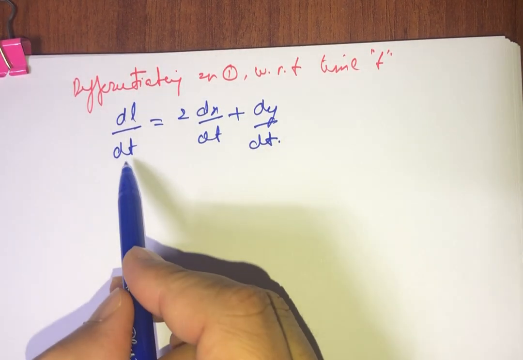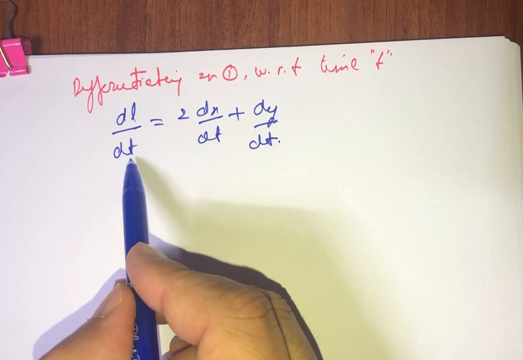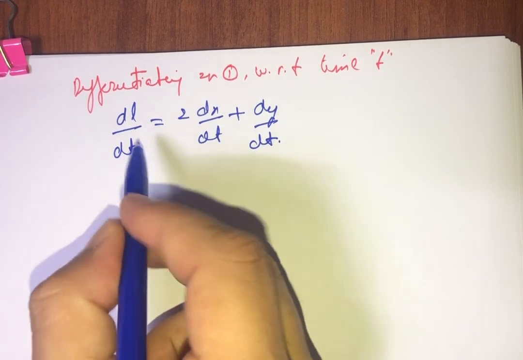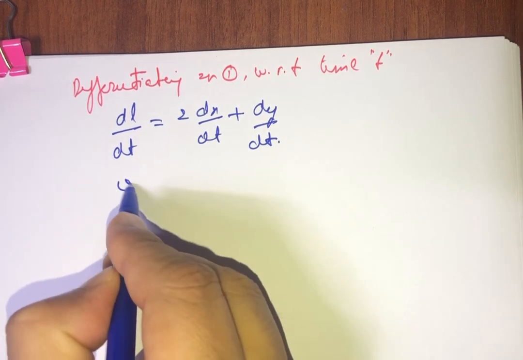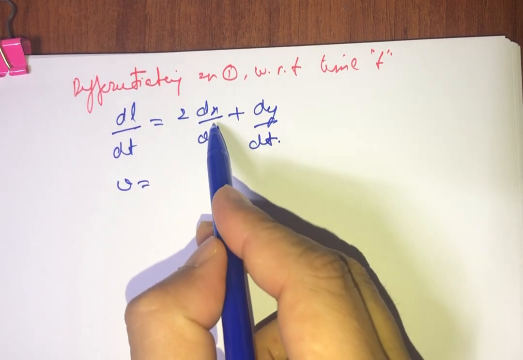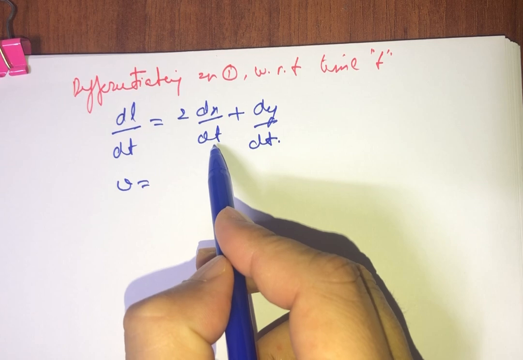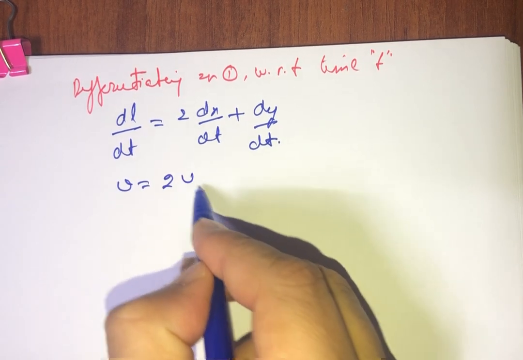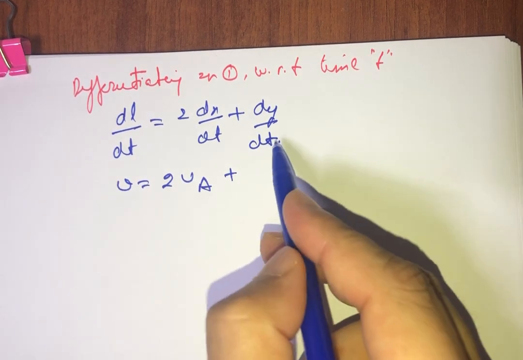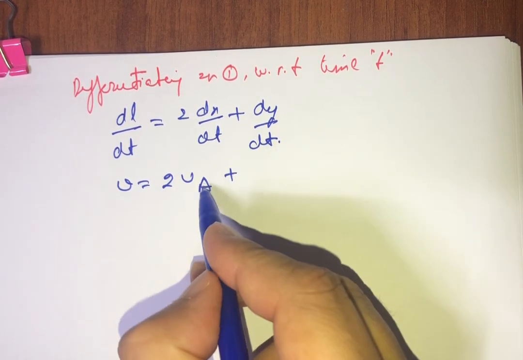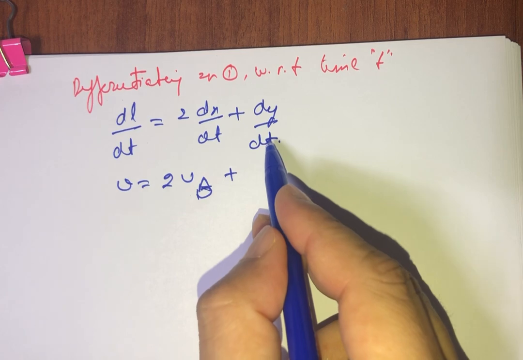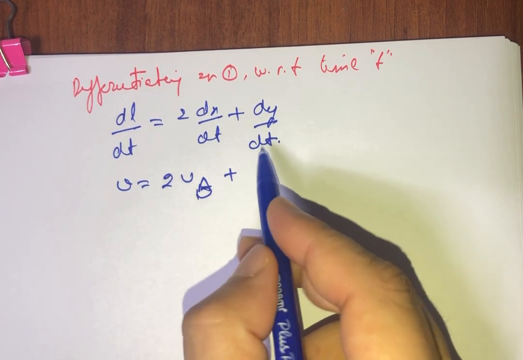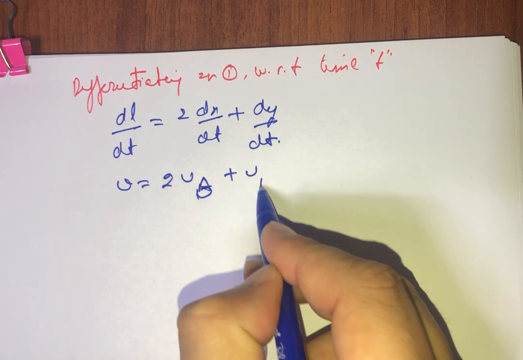Now the velocity of the motor, or rather the winding velocity of the motor, is given as v. So we can say that dL by dt will be equal to v, and dx by dt is the velocity of mass B, which we represent by vB, plus dy by dt, the velocity of mass A, which we represent by vA.